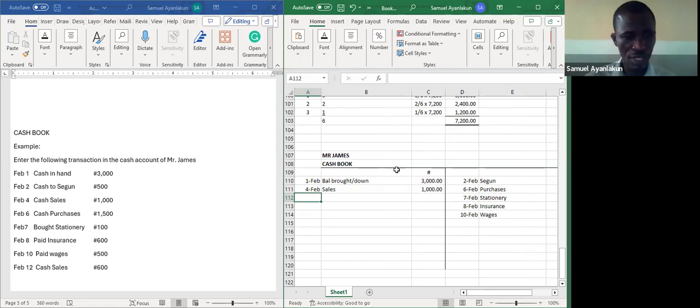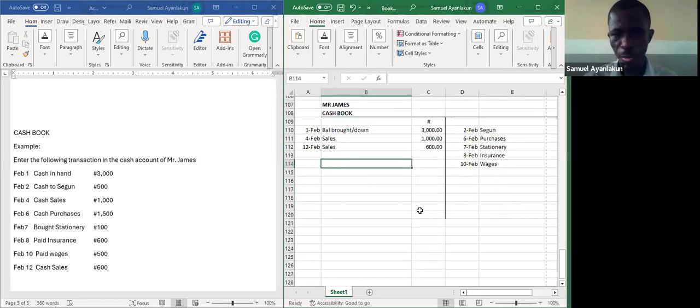And the last thing, another cash sales. When you sell, money is coming in, 100 naira. So now do the total.